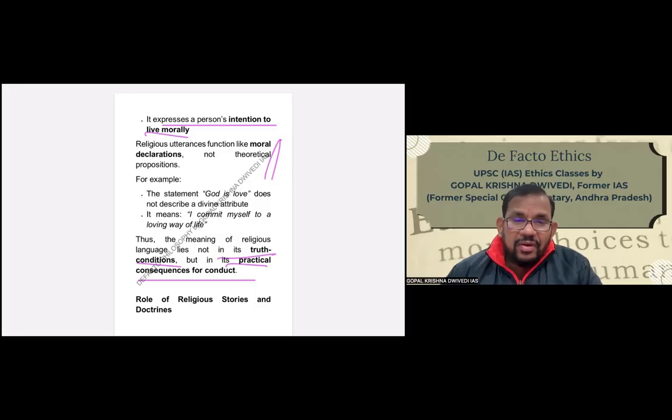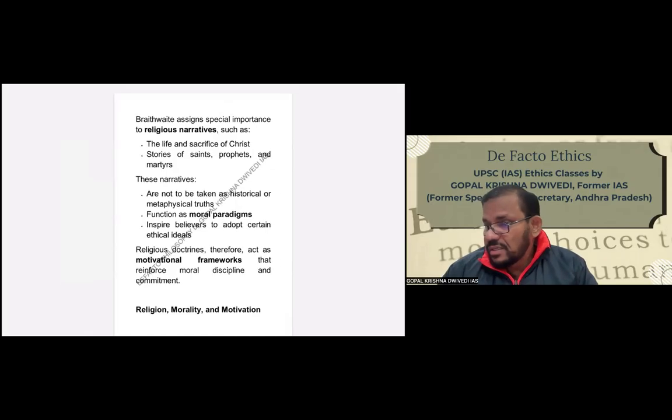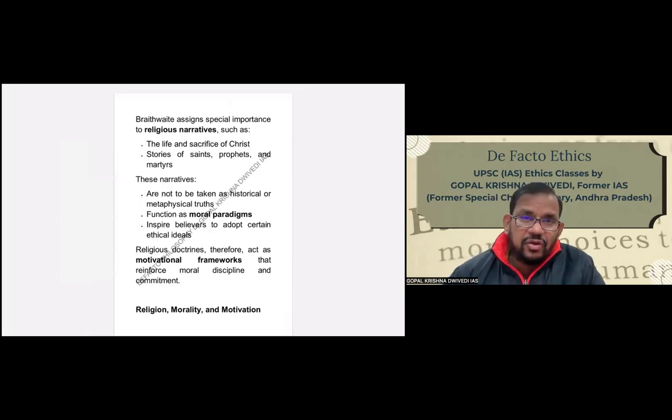Now, what is the role of religious stories and doctrines? He says that these have special importance, such as the life and sacrifice of Christ or stories of saints, prophets, and martyrs.